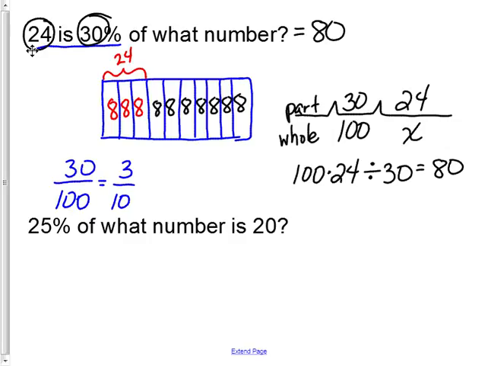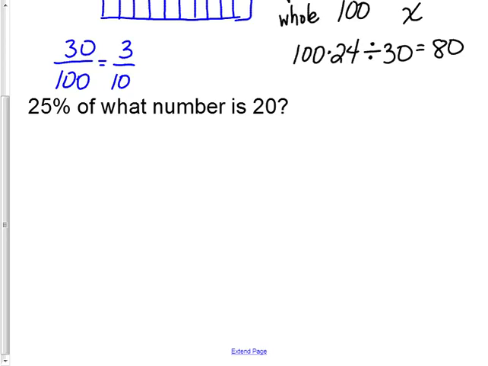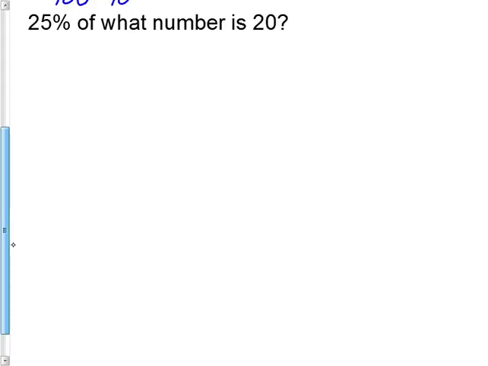Looking at another example, 25% of what number is 20? So taking a look at this one, 25% we know is what fraction? Well, we know it's 25 out of 100, which is 1/4. So we're looking for 1/4 of some number.